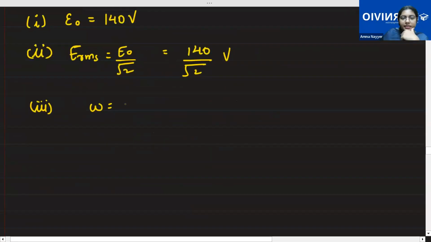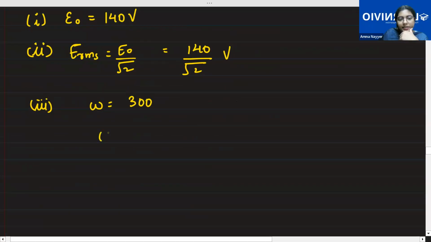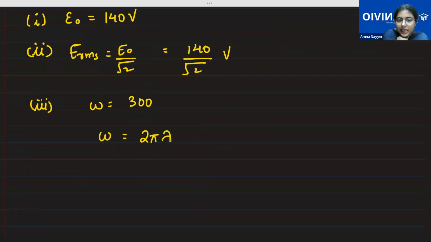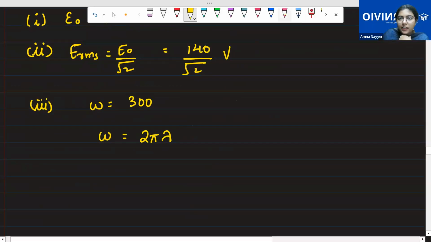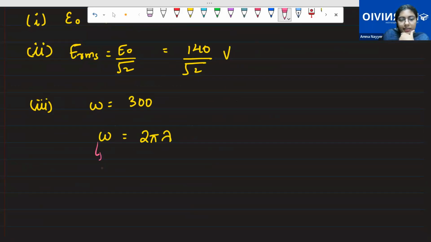So if this is 300, there's a relationship between angular frequency and linear frequency, that is omega equals 2 pi nu, where omega is the angular frequency and nu is the linear frequency.